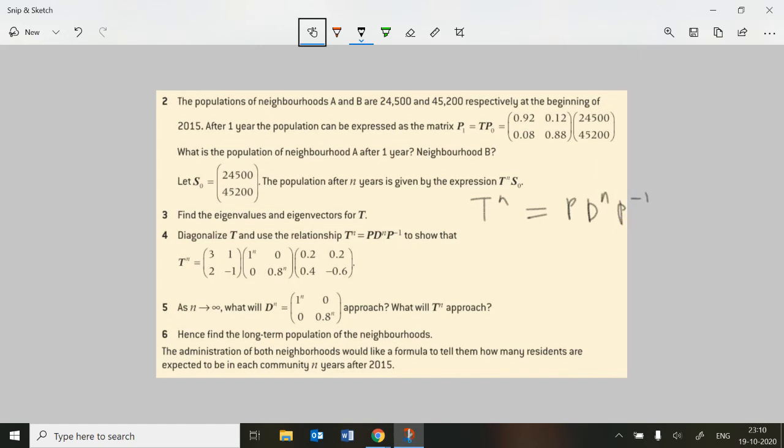So through that process from before, we're going to need to create our eigenvalues by taking off lambda lots of the identity matrix, and then setting the determinant of that equal to 0. If you solve that, you will get two answers of 1 and 0.8 as your two eigenvalues. I'm not going to do that here, but you should get lambda 1 is equal to 1 and lambda 2 is equal to 0.8.